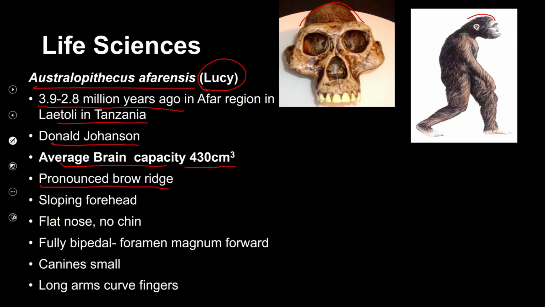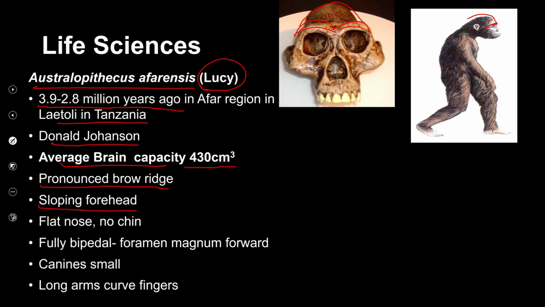So here you can see this is the brow ridge if you look on the diagram, and the brows are quite distinct. Even in this diagram you can see there are quite distinct brow ridges, okay, which is still a characteristic of apes.